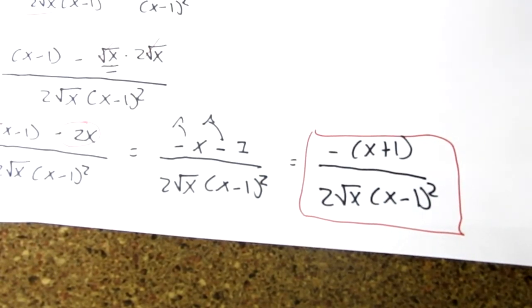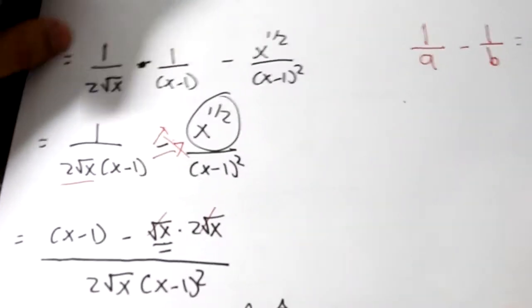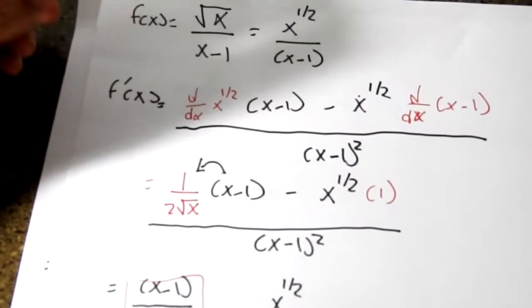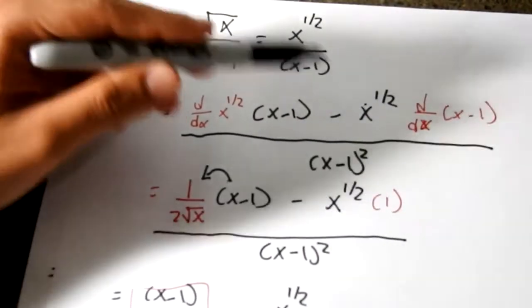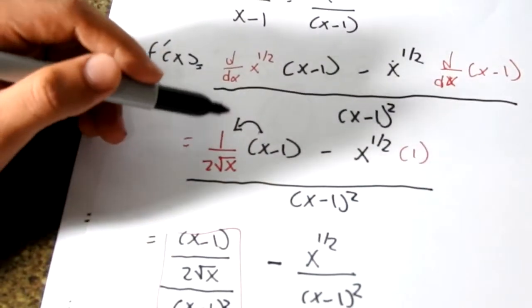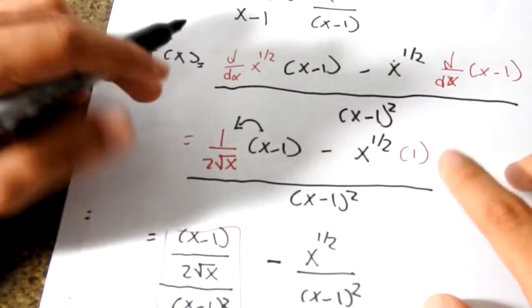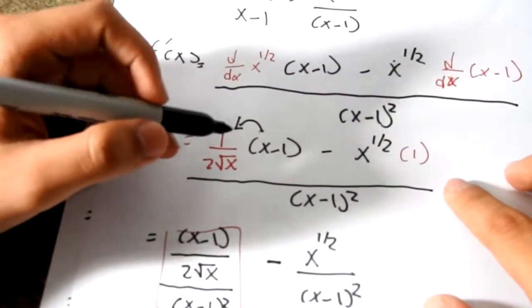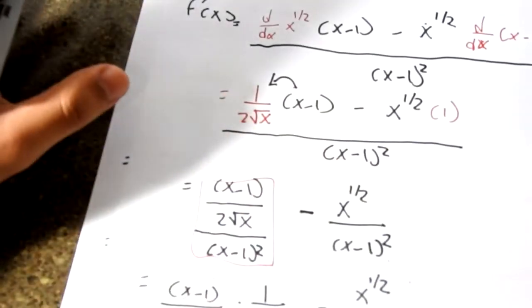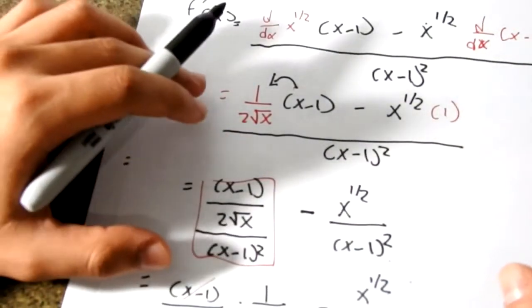So now, what did I do in this exercise? I started with the functions, and I rewrote it. I took their derivatives, and I got to this point, right? So since I had a fraction over fraction, I split the fractions to make my work easier and visualize better what I had to do.